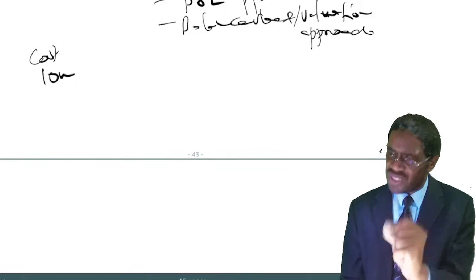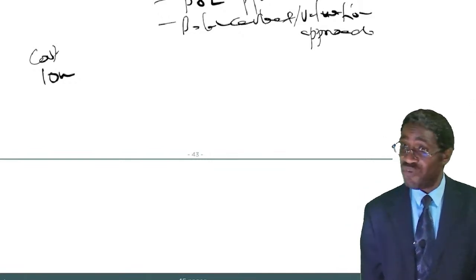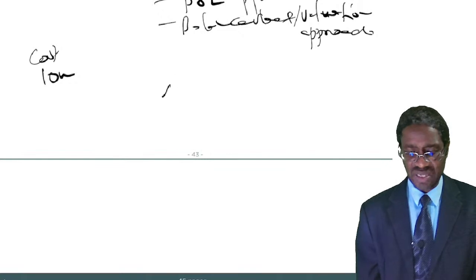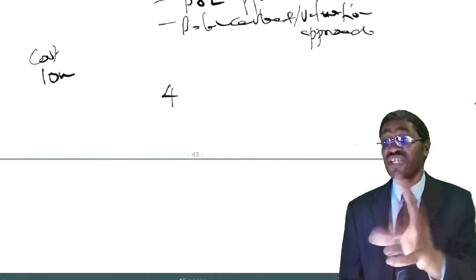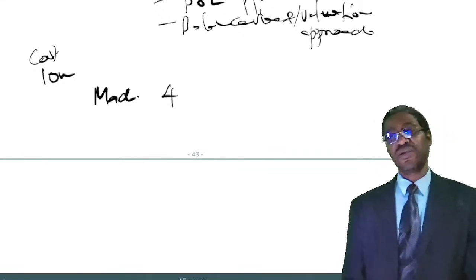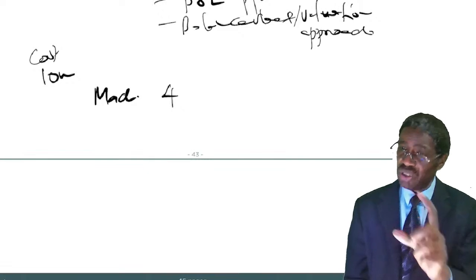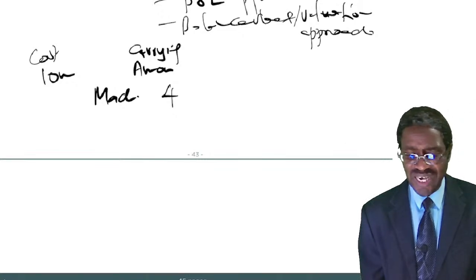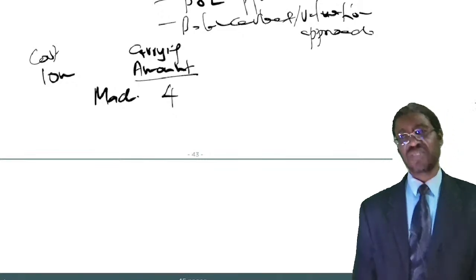By end of this year, you are remaining with a net book value of 4 million. That is the net book value of your machine by end of this year. That is what we normally call the carrying amount of your asset.